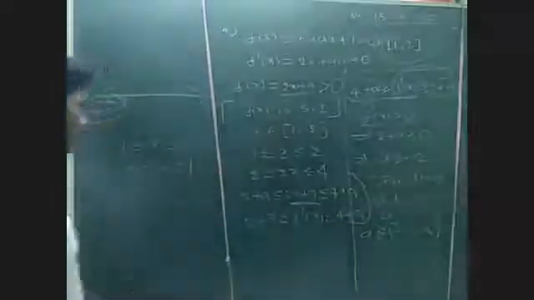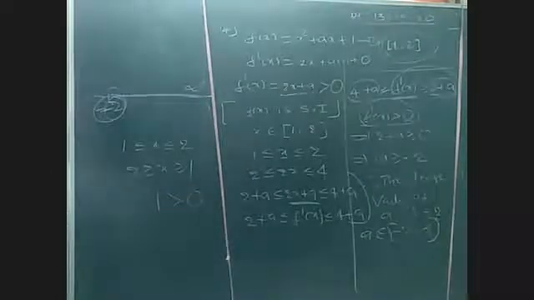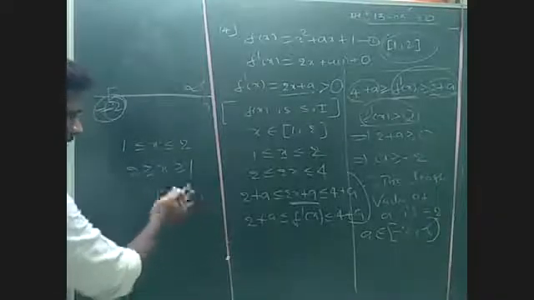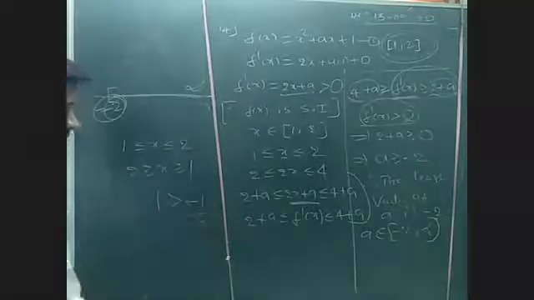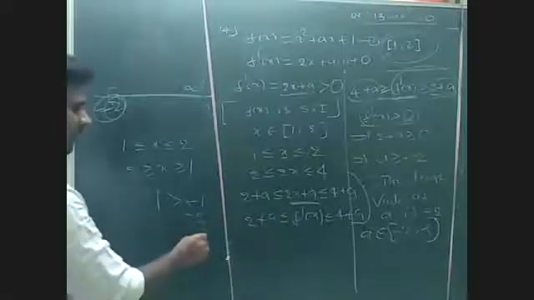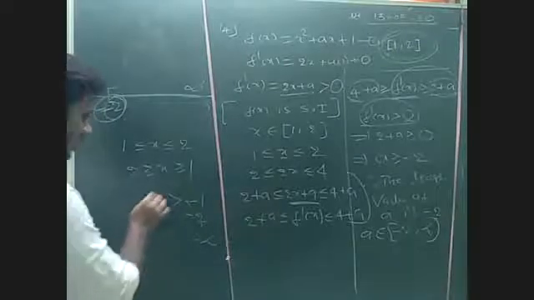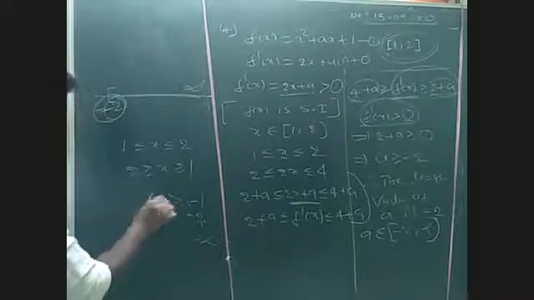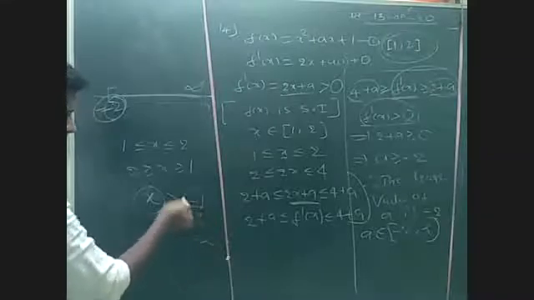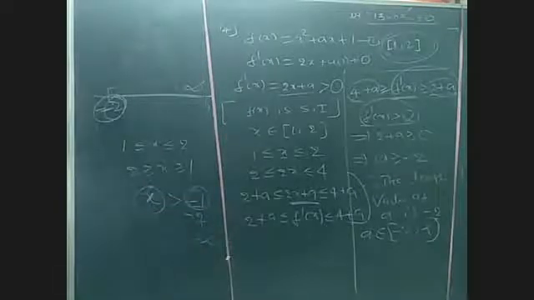For example, I want to take 1. The f dash of x value is 1, which is clearly greater than 0. Yes or no? Yes, sir. So this value may be 0, minus 1, minus 2, minus 3, like that, up to minus infinity.